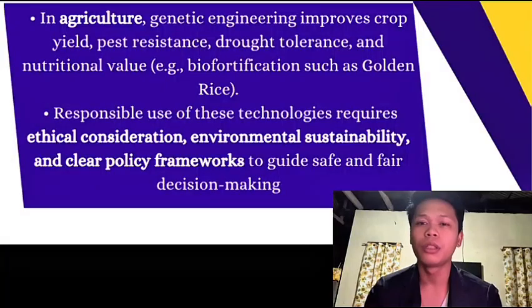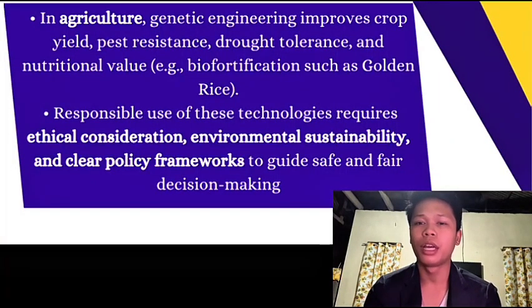However, we also emphasize that scientific advancement must be guided by responsibility. Ethical considerations, environmental sustainability, and clear policy frameworks are essential.